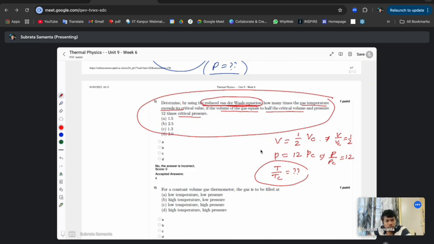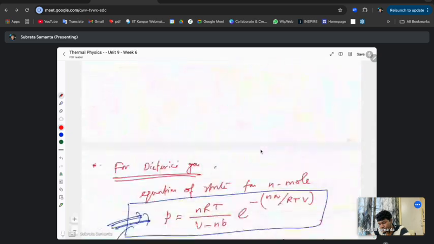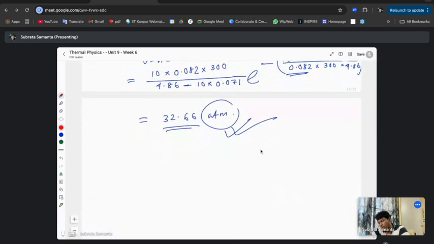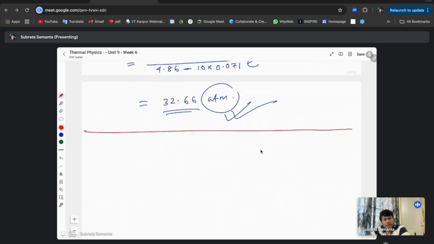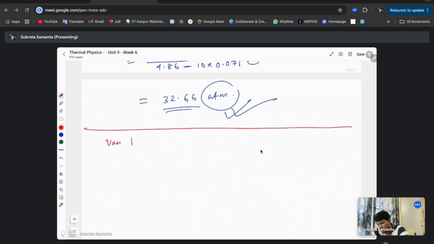So to calculate T over Tc using van der Waals equations, we know what the van der Waals equation is: P equals RT over V minus b, minus a over V squared, for 1 mole of gas.